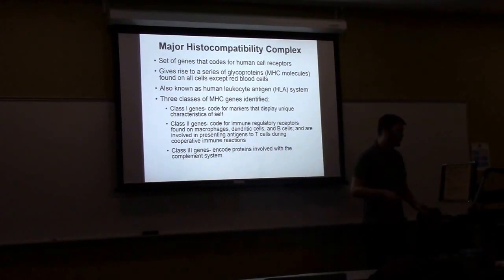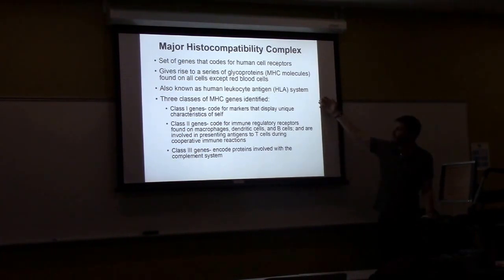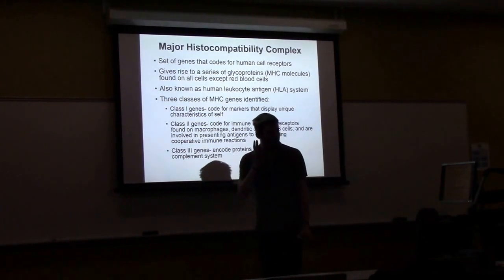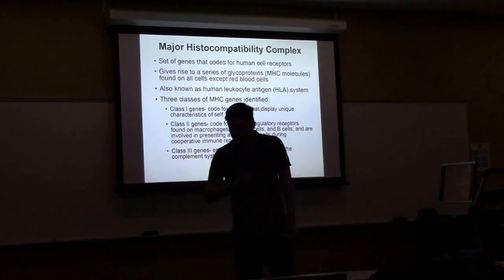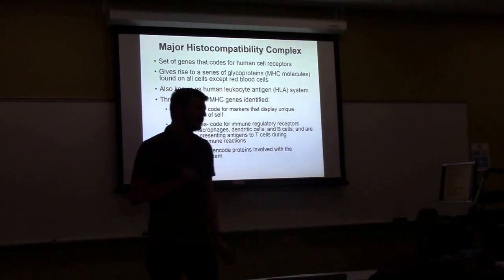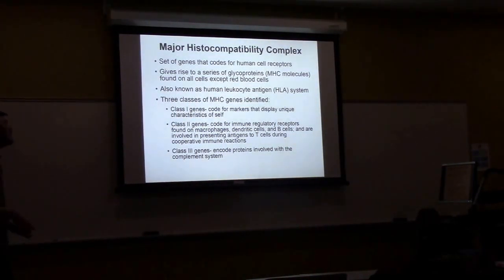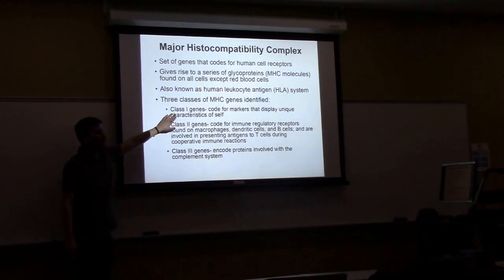Now, this major histocompatibility complex, or HLA in humans, comes in basically two flavors, class 1 and class 2. Class 1 is found in all nucleated cells in the body. So every cell in your body that has a nucleus will also have this MHC class 1 molecule.